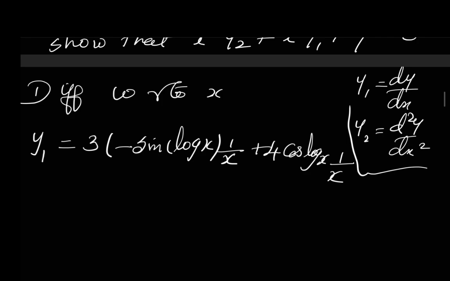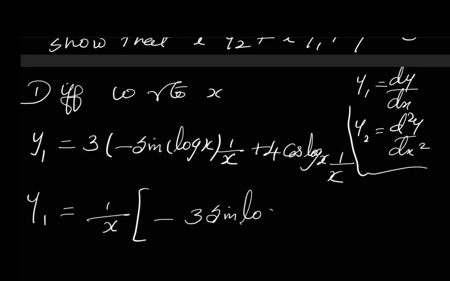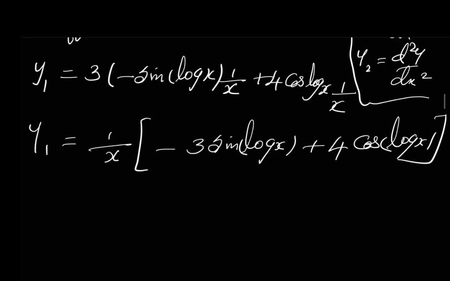Next, you can take 1 by x as common here. So y1 is equal to 1 by x times minus 3 sin log x plus 4 cos log x.